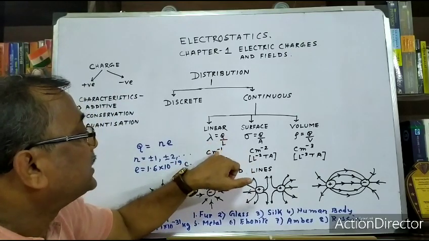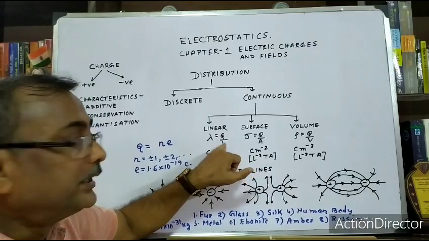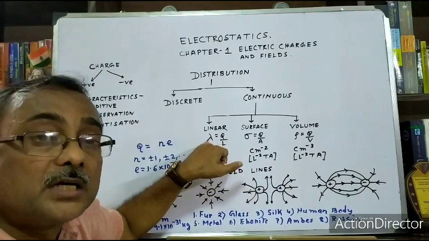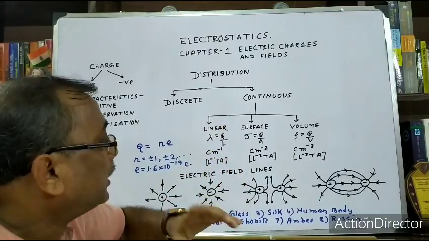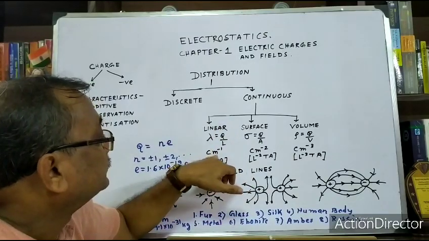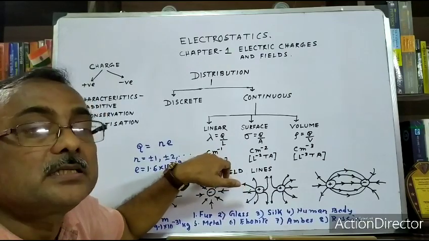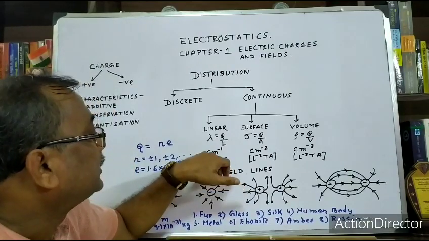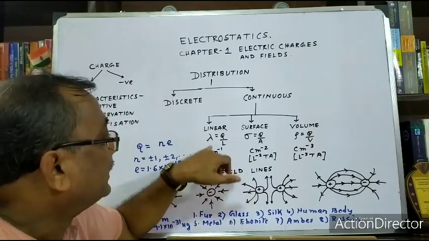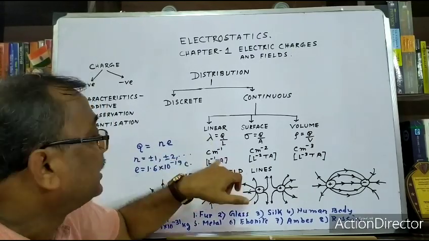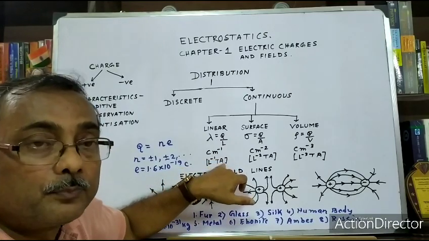As the unit of charge Q is coulomb and the length is in meter, the unit of linear charge density is coulomb per meter. You know that the dimension of meter is L and the dimension of charge is current times time, so the dimension of coulomb is TA. As a whole, the dimension of linear charge density is L^-1 TA.